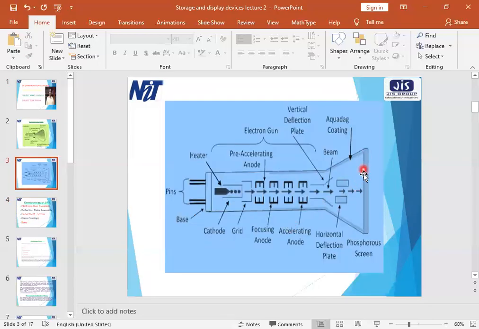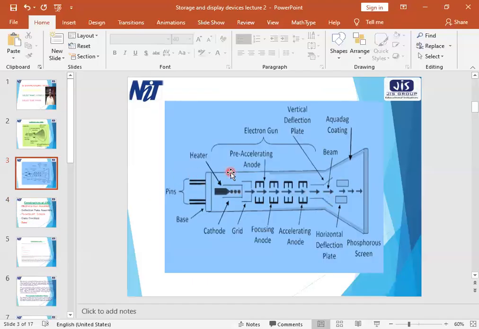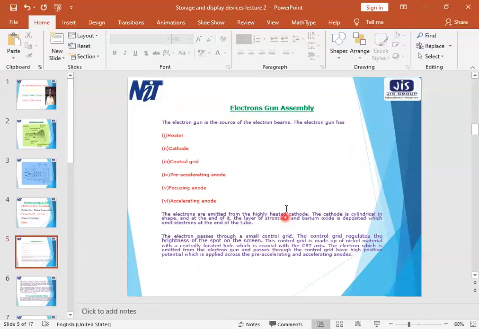Fluorescent and phosphorescent are different things, but the screen has both qualities, so we call the screen material phosphor. Then the glass envelope, in which the whole thing is kept at the base. So these are the different parts of the CRT. Now let us discuss one by one.